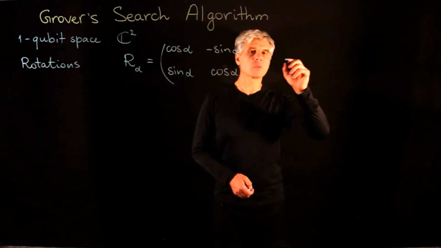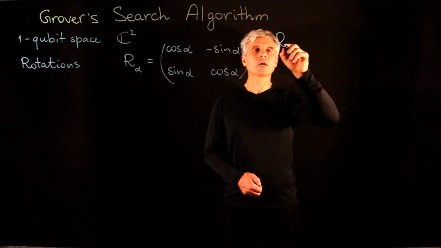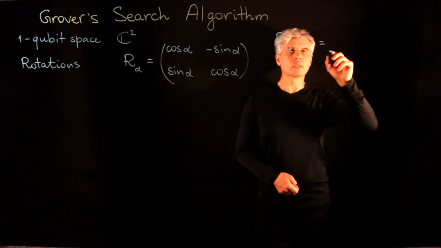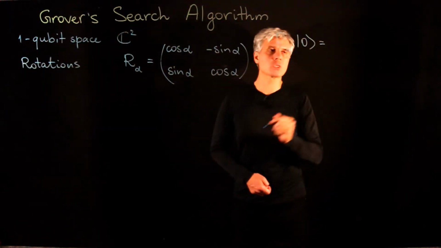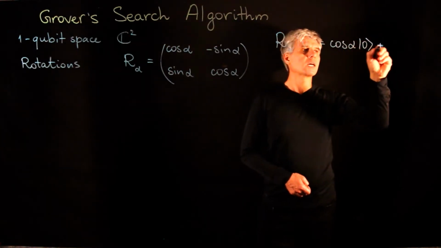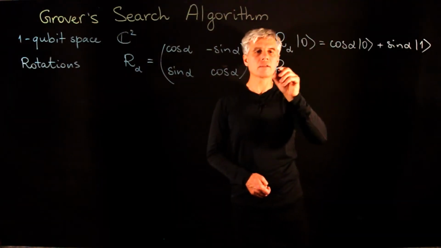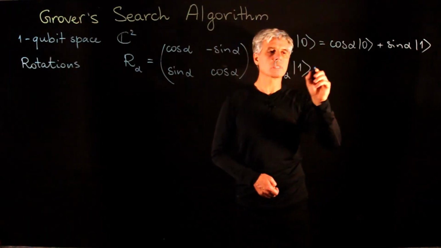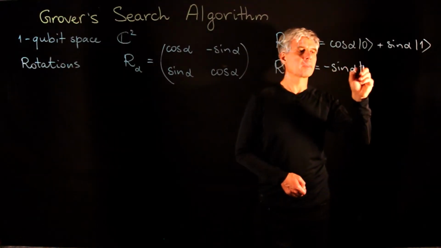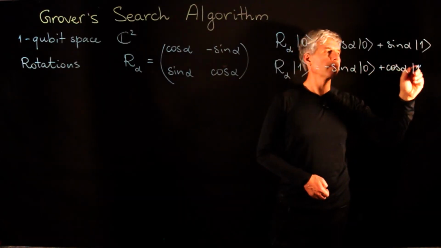In our standard notation of quantum computing, R alpha applied to 0 is equal to the first column: cos alpha times 0 plus sine alpha times 1. And R alpha applied to the second basis vector is minus sine alpha times 0 plus cos alpha times 1.